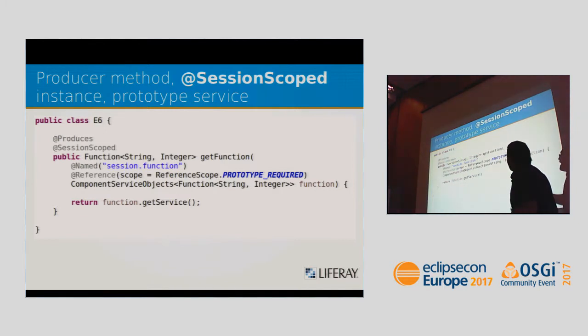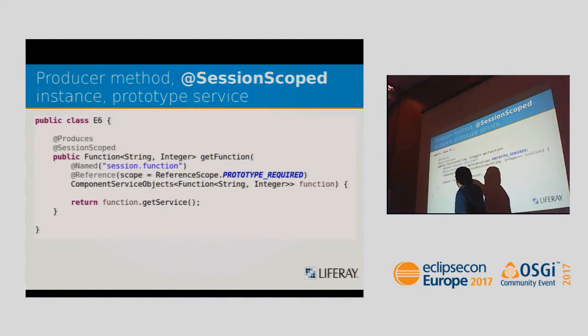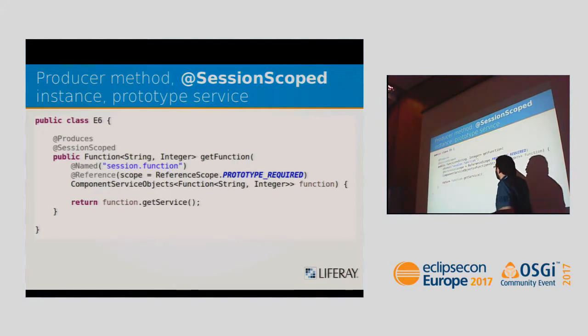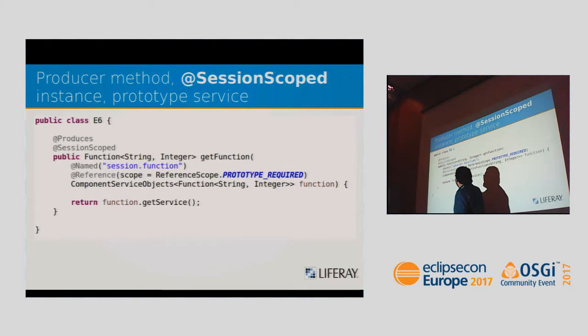Except that by creating this simple producer method, I can specify a reference to a prototype scope service. I'm asking for the component service object, which is a wrapper in CDI to work with service objects, to get a function, and what I'm going to return is one of the instances of function.